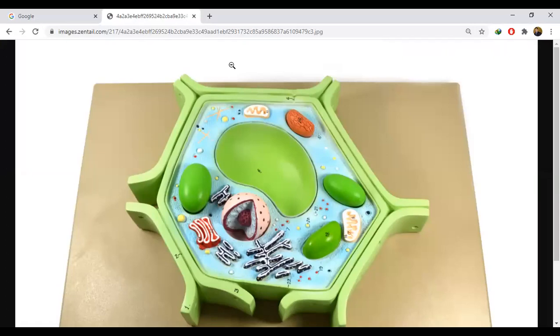I am asking you to color this one. Now you can see, out of this green color, everywhere there is a blue color, right? Any color is okay, no problem.